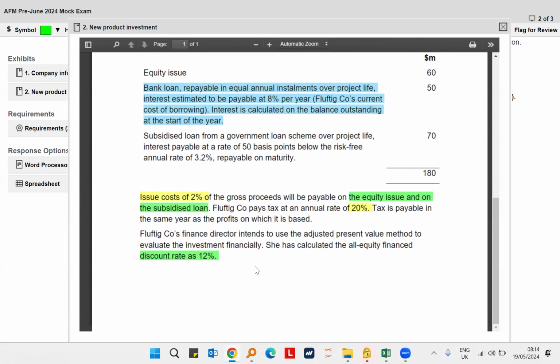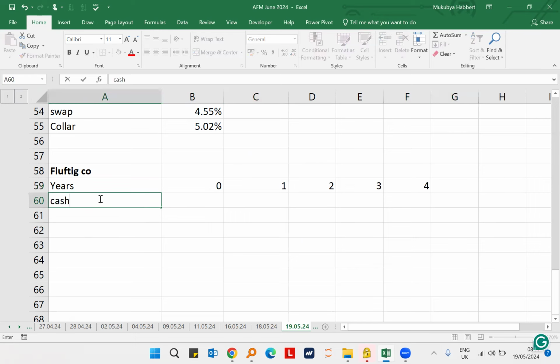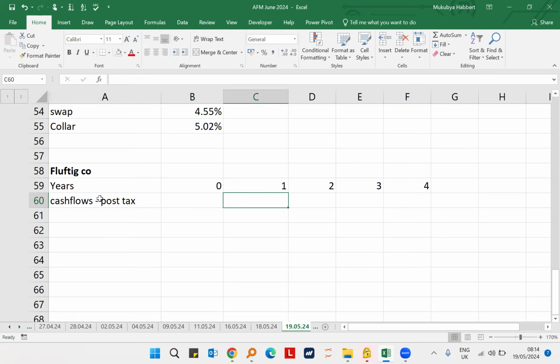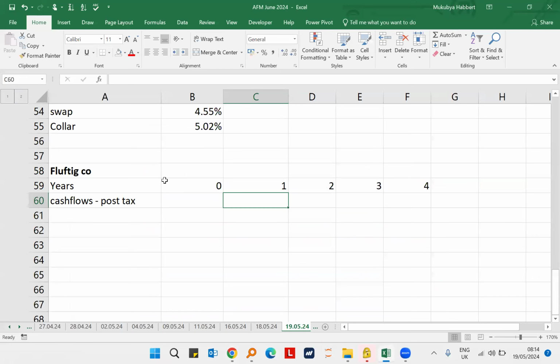So let us go to our Excel. We need to of course look at the years 0, 1, 2, 3, 4. So we have the cash flows. These cash flows, they told us that they are post-tax. They gave us in millions, so let us use millions.